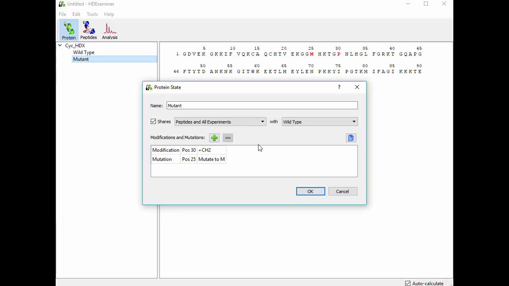So if you do an experiment like this where it shares all the data, and you're noticing that some unmodified peptides have sort of a bimodal looking distribution, then you may want to rerun your time course separately for both your unmodified and modified protein states, because it's possible that your modification is actually changing the deuteration behavior of other peptides. And HDExaminer won't be able to tease those apart unless you actually have separate data to go with those two protein states.